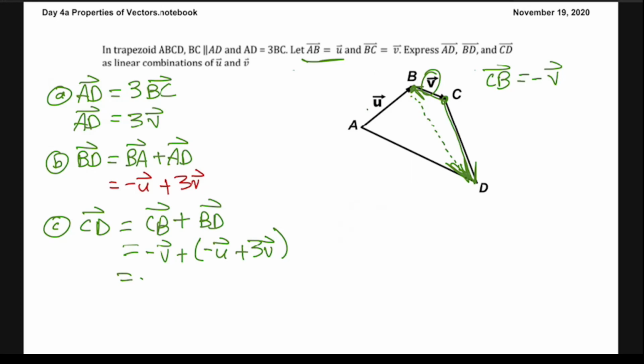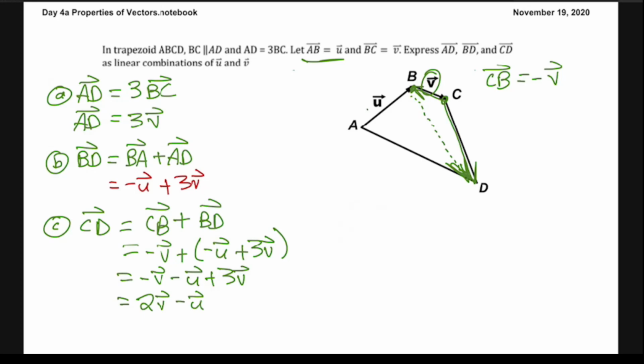So negative V minus U plus 3V. Our like terms are vector V, so we're going to have negative 1V plus 3V is 2V minus U.